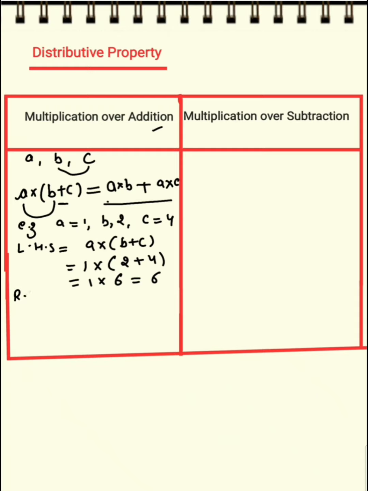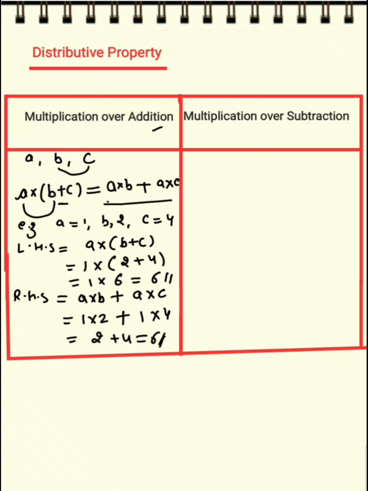Now take right hand side. A multiplied by B plus A multiplied by C, which is equal to A is 1 into 2 plus A is 1 into 4, which is equal to 2 plus 4, which is equal to 6. We can say that the multiplication of integers is distributed over addition.